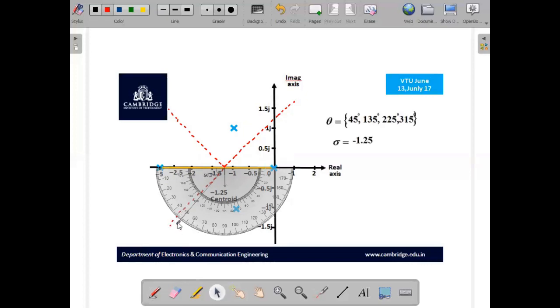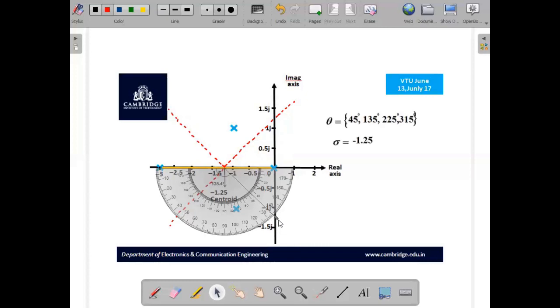Finally, let us mark the fourth angle of asymptote at 315 degree. This angle is exactly 270 degree and this is 360 degree. So 315 is in between 270 and 360. So this is 270, 280, 290, 300, 310 and 5 more units.